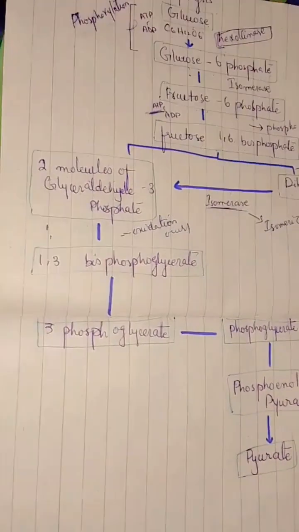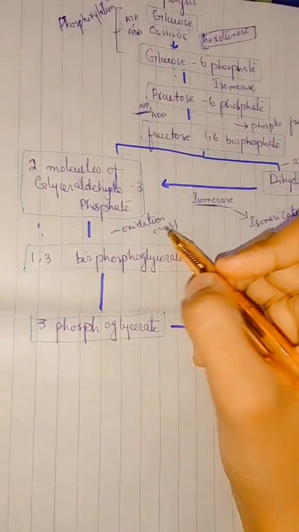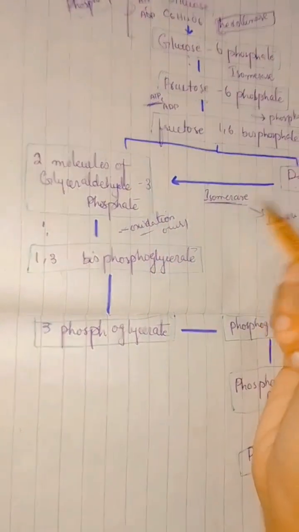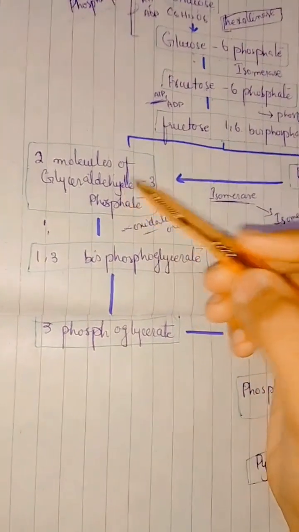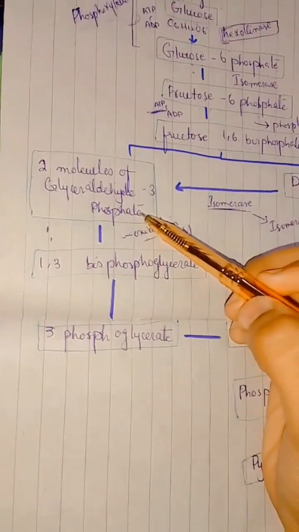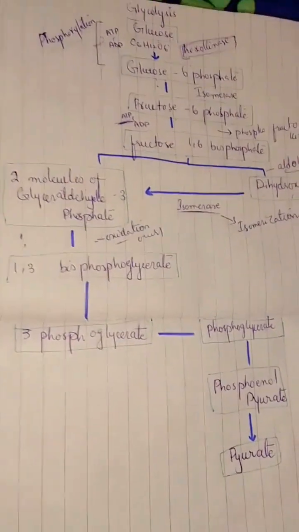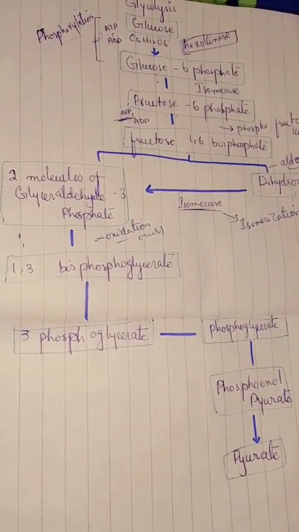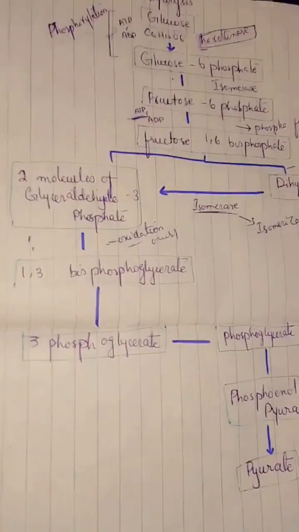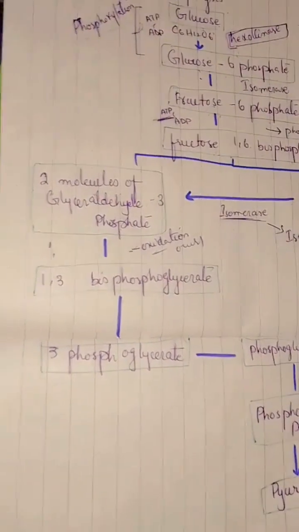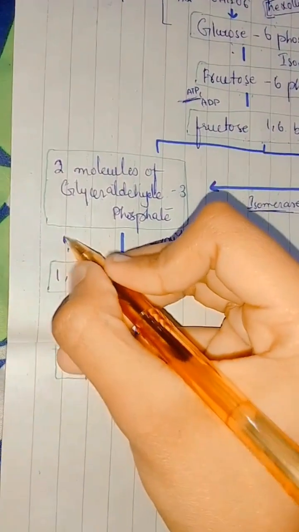Oxidation means a loss of electrons or a loss of hydrogen. So here it lost its hydrogen, and when hydrogen is lost, there must be some acceptor for receiving those hydrogen ions. So there is an acceptor, that is NAD ion.